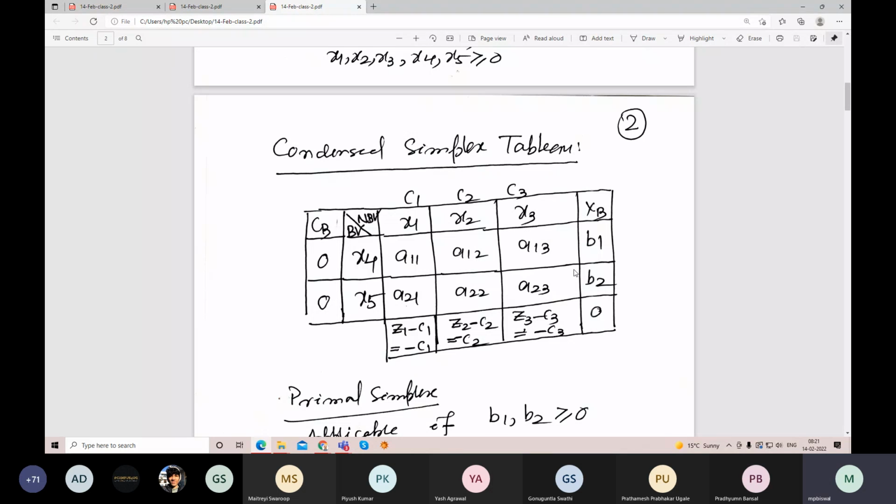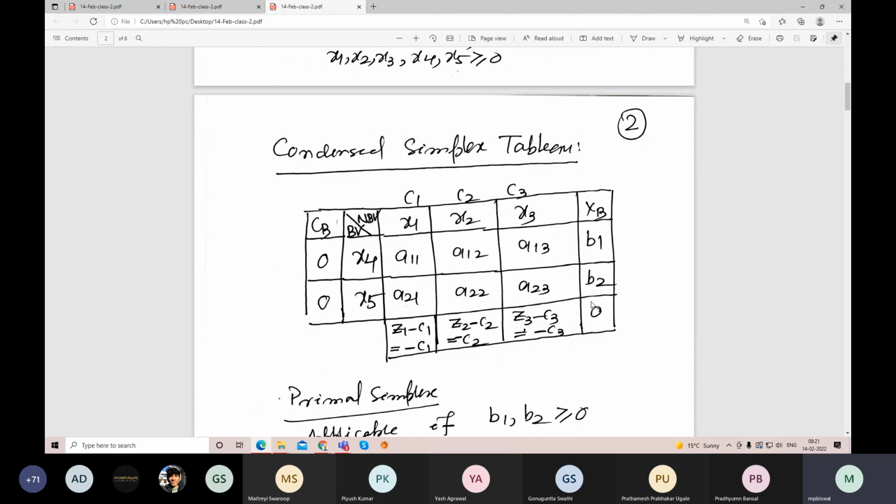If you set x1, x2, x3 to 0, then x4 equals b1. Similarly, x5 plus a21 x1 plus a22 x2 plus a23 x3 equals b2. If you set x1, x2, x3 to 0, then x5 equals b2.